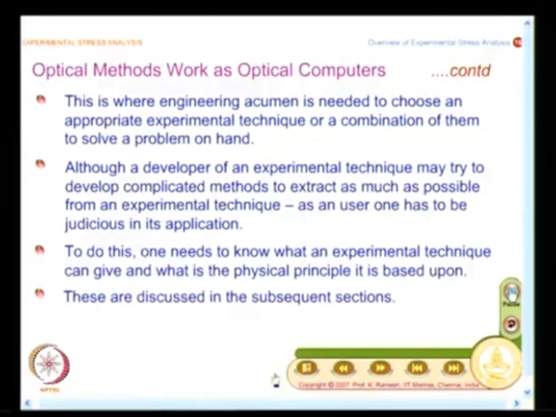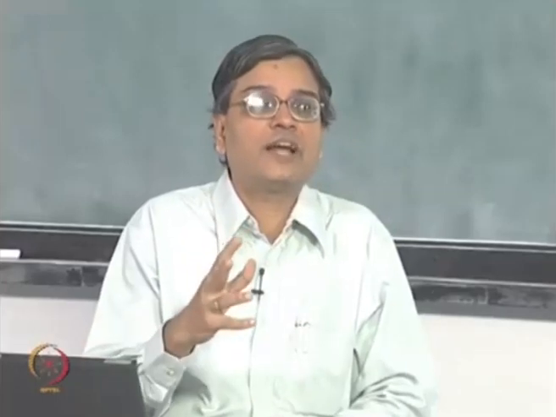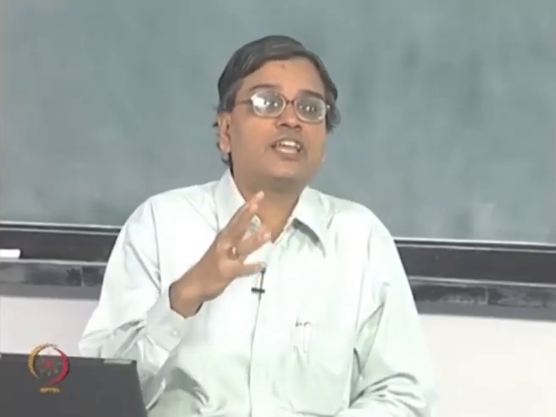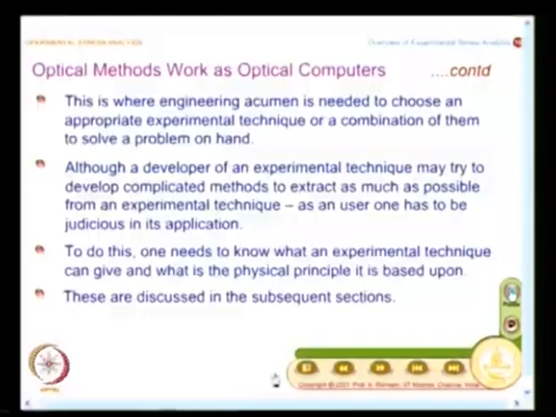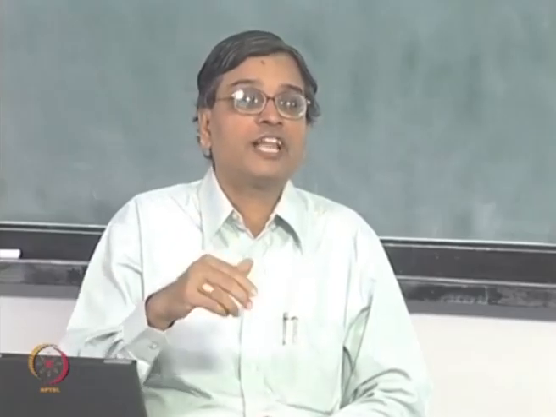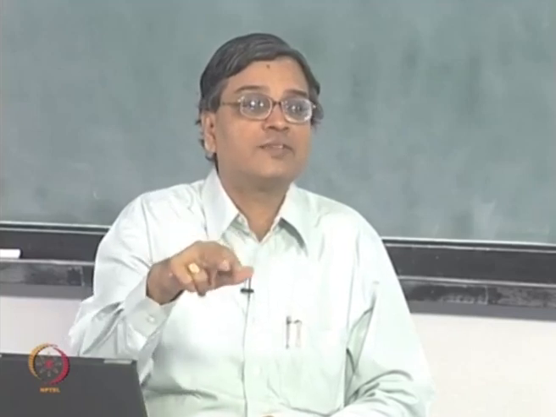So, in the process we may do more than what is really required, and use complicated steps to extract maximum from a given experiment, because when a new methodology is proposed, he would like to get that methodology established, and he would like to show that it can be used for a variety of problems. But from a user point of view, a particular feature of an experimental technique may be more appropriate, and that is enough for you to solve without getting into the ramifications of using that with a constraint.